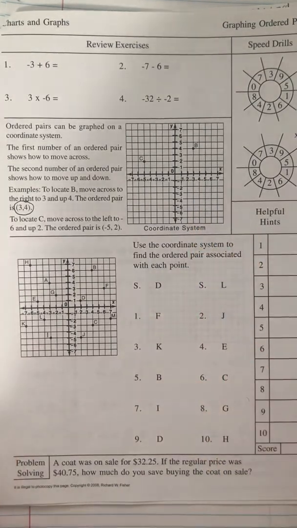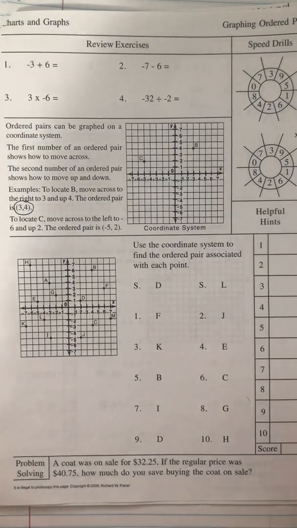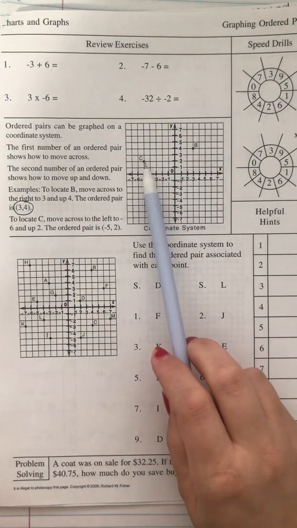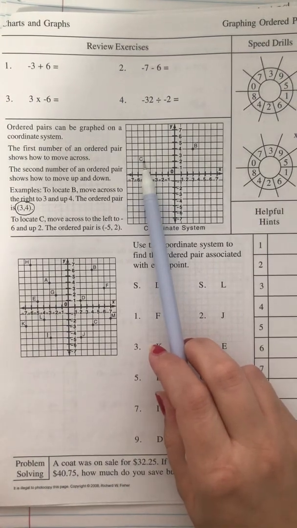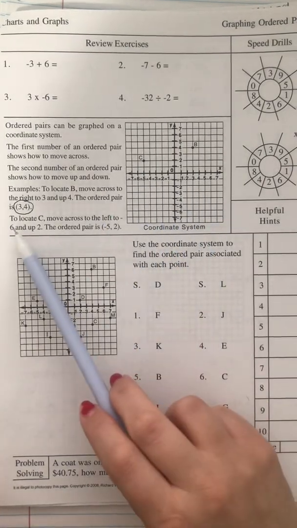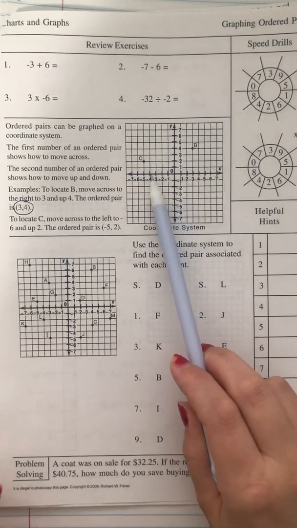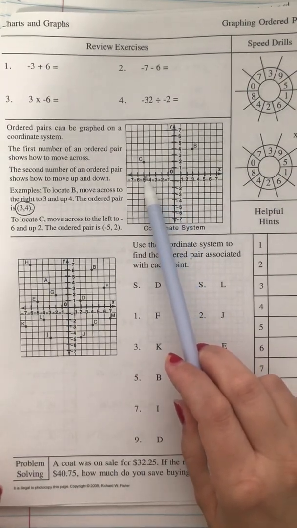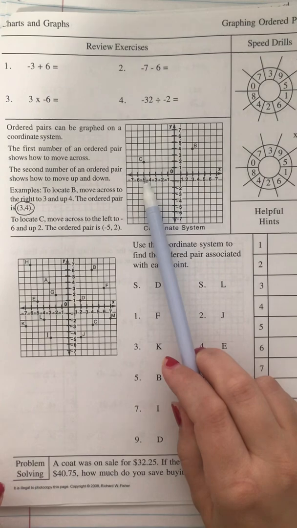Let's try C. So we can easily see that the letter C is here. But let's use an ordered pair to find it. We would have to move across to the left this time by 6. 1, 2, 3, 4, 5. Wait, 1, 2, 3, 4, 5.